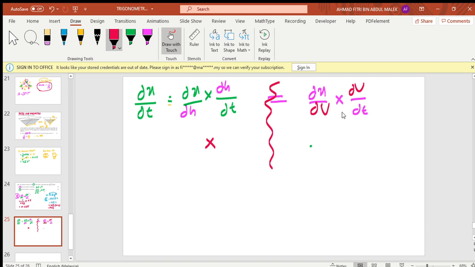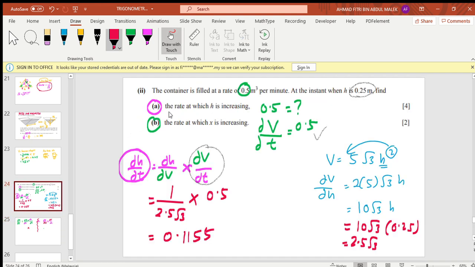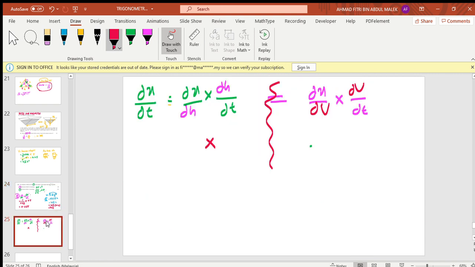You may try the other one on your own. So I want to use dh over dt that was already calculated earlier, 0.1155. Now where to get dx over dh?